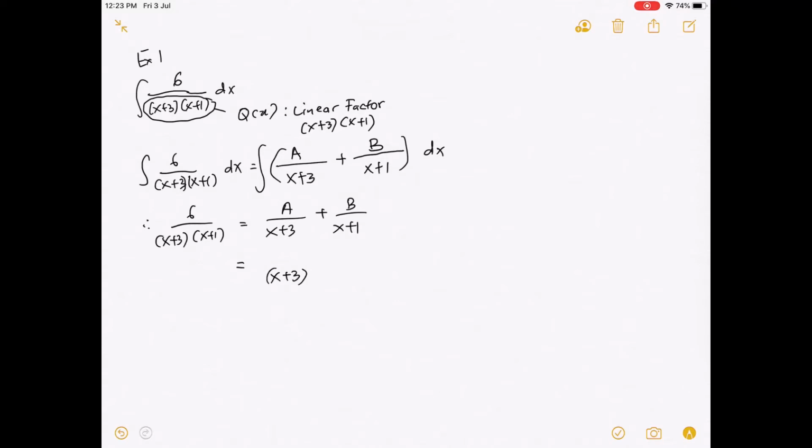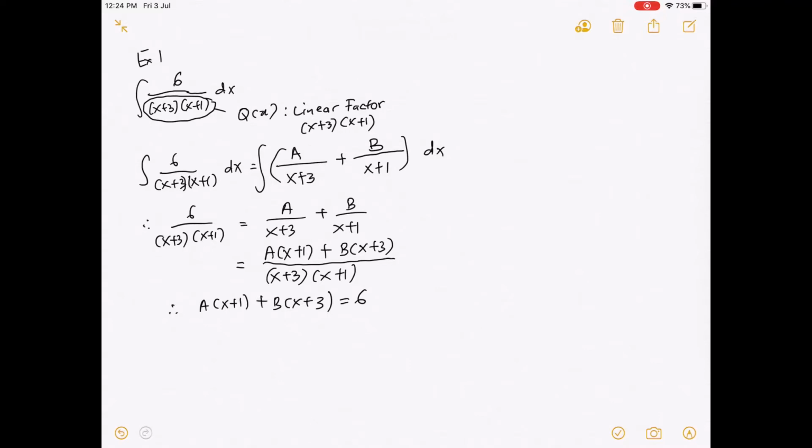Ikut the denominator, I will have (x plus 3)(x plus 1). So the A will be A times (x plus 1), and the B will be B times (x plus 3), to make the denominator equal on the right and left hand side. So what you have is A(x plus 1) plus B(x plus 3) equals 6, because your denominator is already the same, so we equate our numerators.